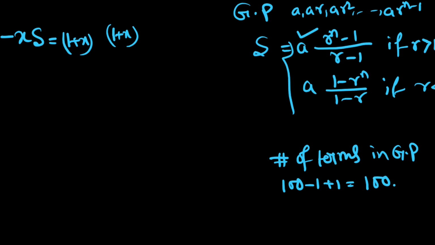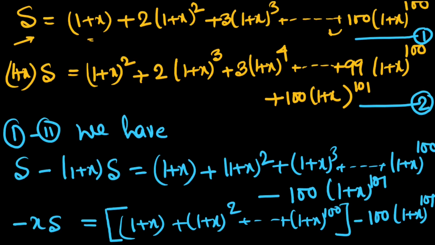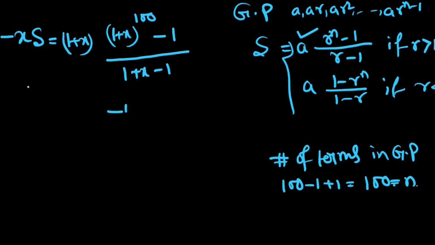So the n value is 100. So here it is ((1 plus x) power 100 minus 1) over (1 plus x minus 1), and the last term is the same, minus 100 (1 plus x) power 101.